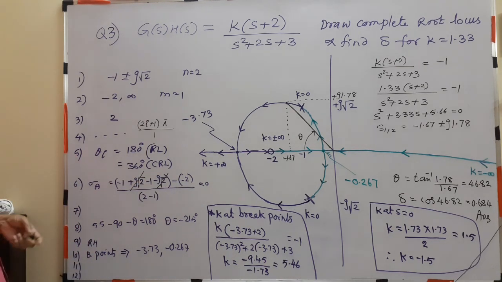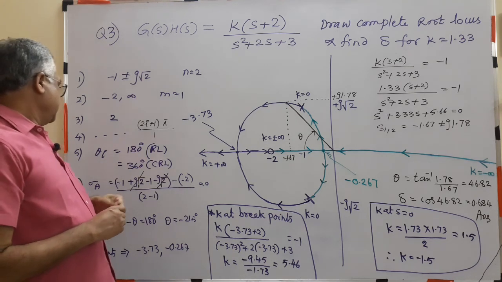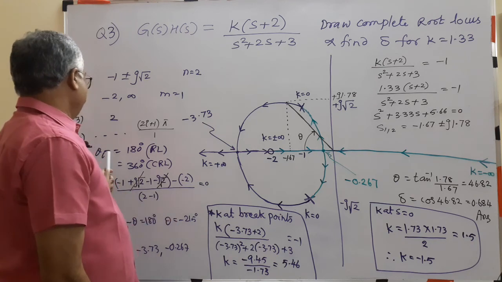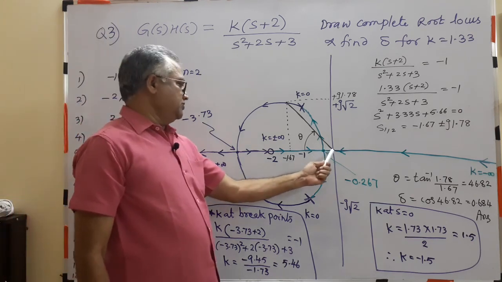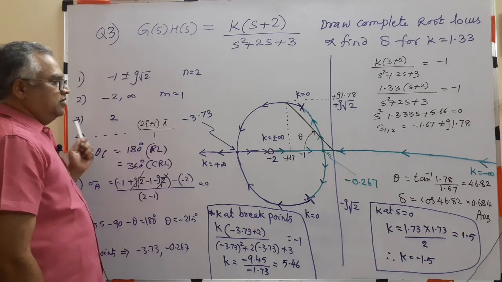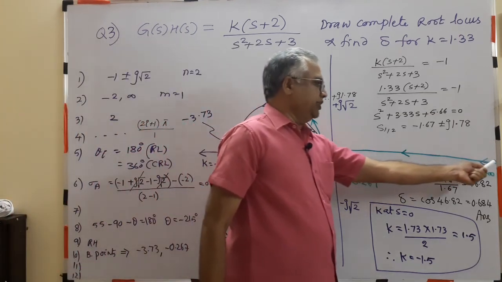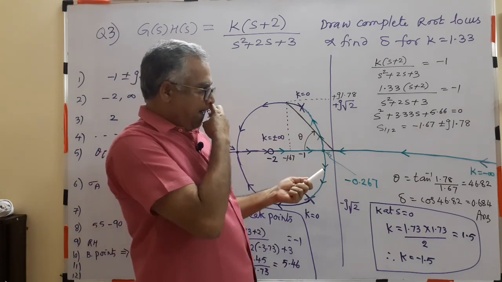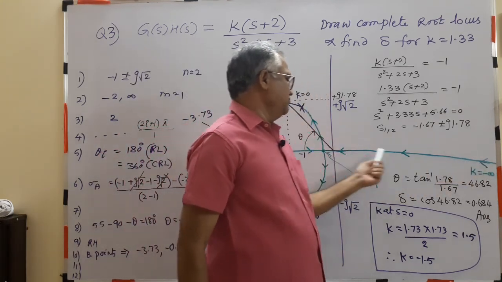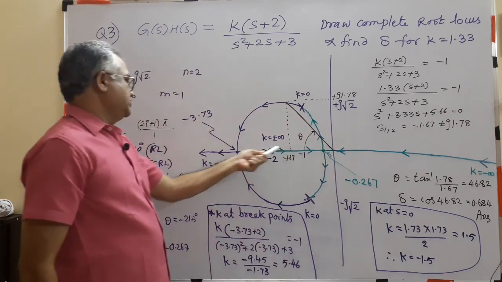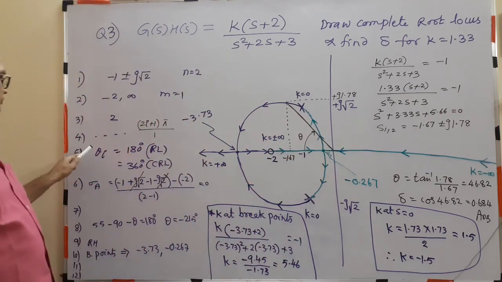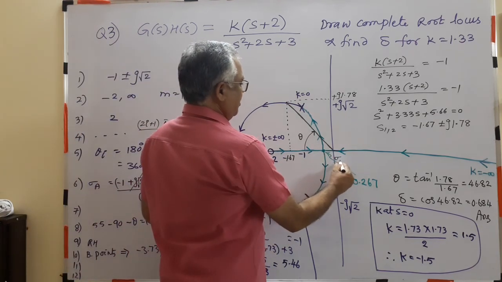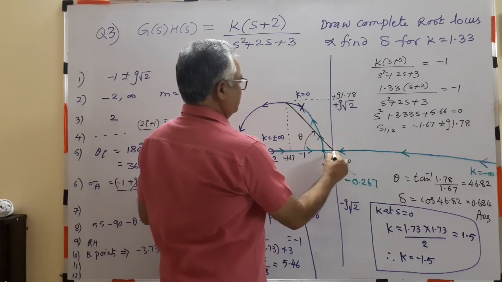So these 6 points, let us show first. The intersection is at 0. One asymptote is 180 degrees. Another CRL asymptote is 360 degrees; 360 or 0 is the same. So this is the CRL asymptote and this is the RL asymptote, and both intersect at sigma A equal to 0. They are intersecting here.